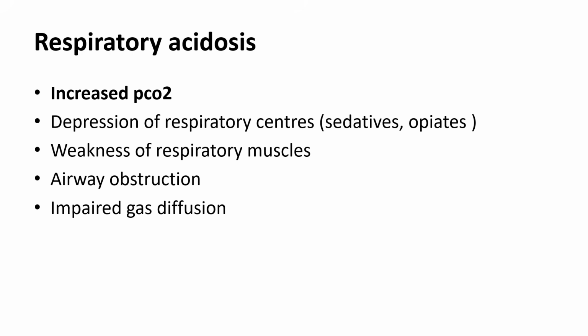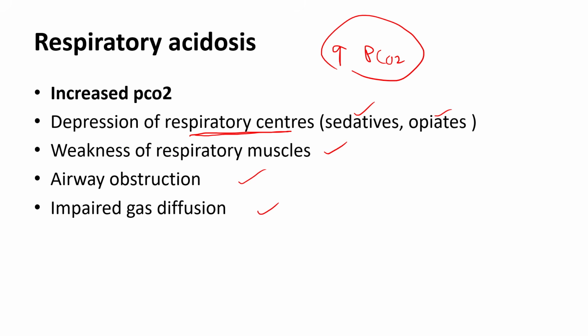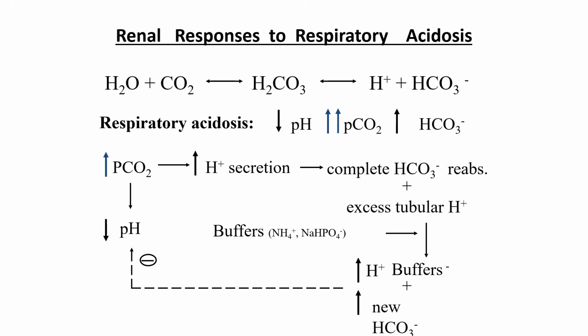Respiratory acidosis. Respiratory acidosis is nothing but increased pCO2. Usually occurs when there is depression of the respiratory centers when used a sedative or opiate, or weakness of the respiratory muscles, or any obstruction to airway, or impaired diffusion of the gases. All these cause respiratory acidosis. So in that, the criteria is increased carbon dioxide, which is favoring the fall in pH.